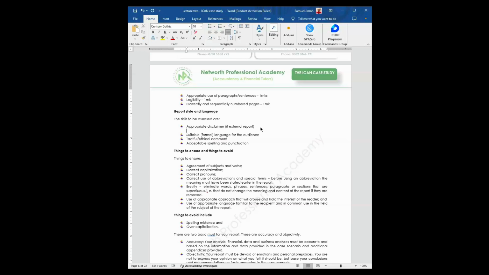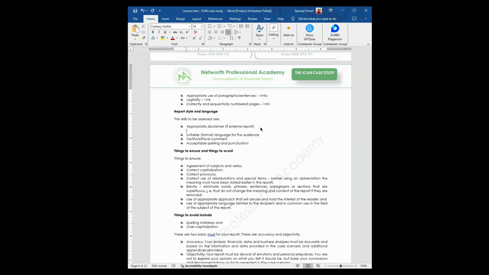The other scenario could be that you are working in a firm of accountants, as a trainee or a junior accountant, and the job has been delegated to you too. So you do the job between you and your supervisor, and maybe a partner in the firm.